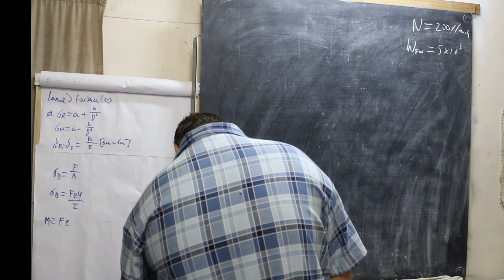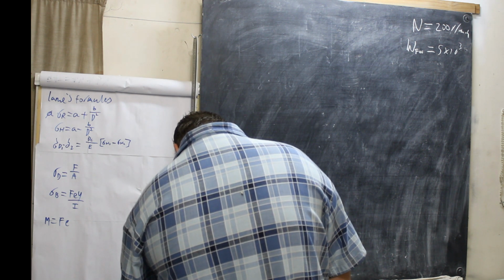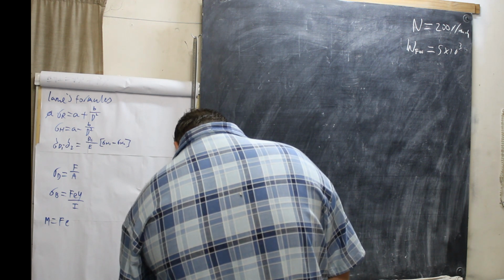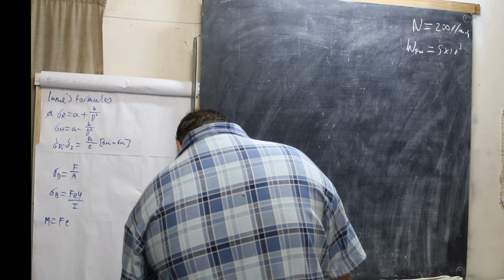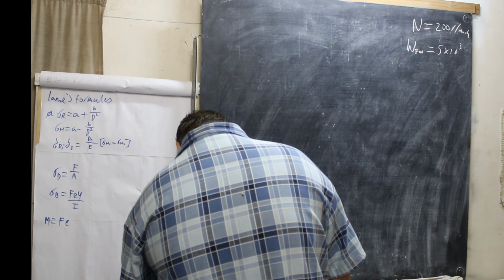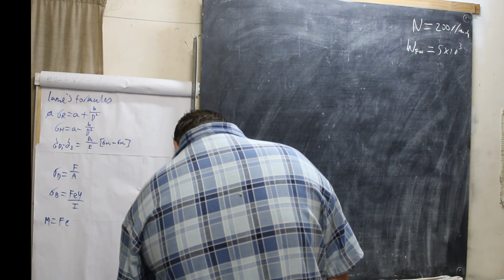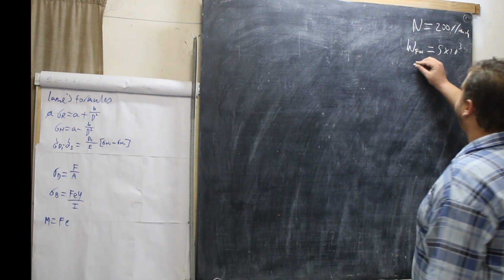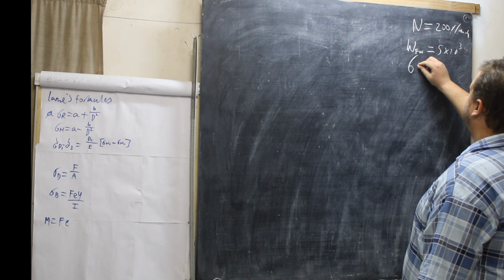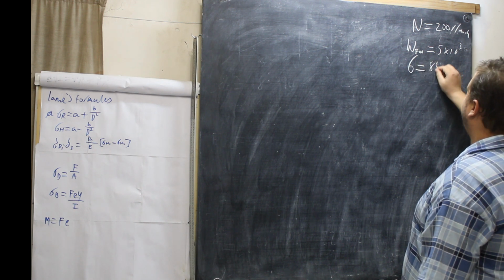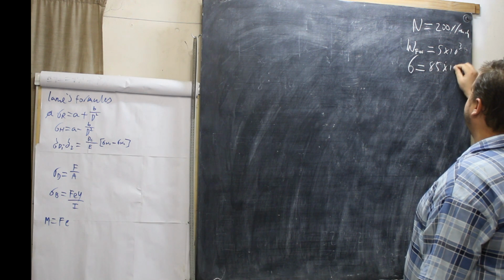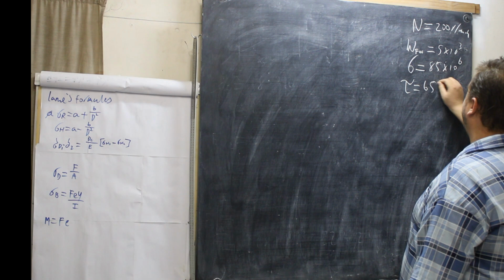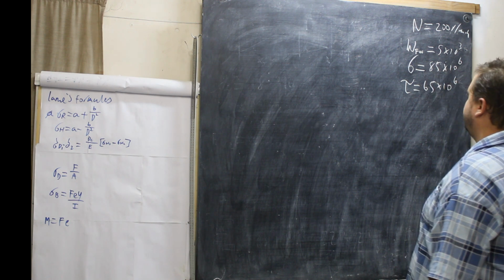The flywheel is placed 300 millimeters from one bearing on the shaft with a length of 800 millimeters. Consider the shaft as simply supported. The allowable tensile stress and shear stress in the shaft must not exceed 85 megapascals and 65 megapascals. So our sigma is 85 times 10 to the 6, and tau is 65 times 10 to the 6.